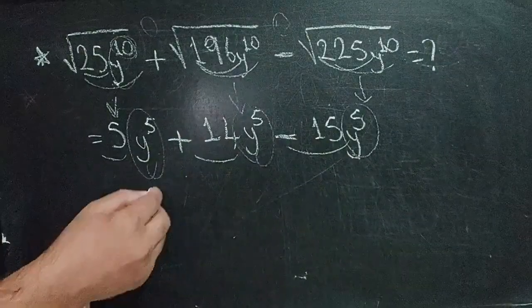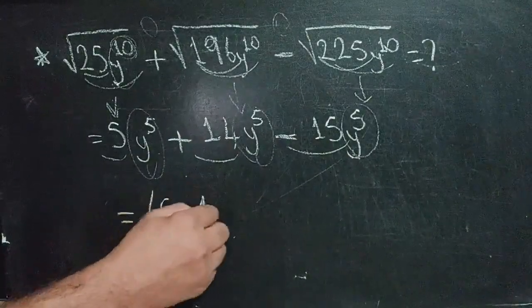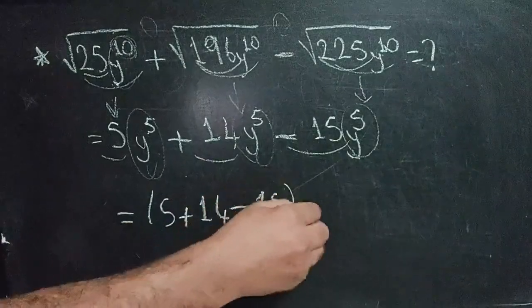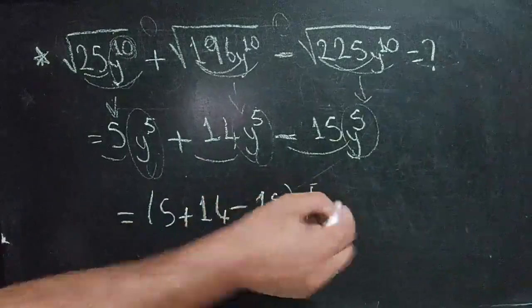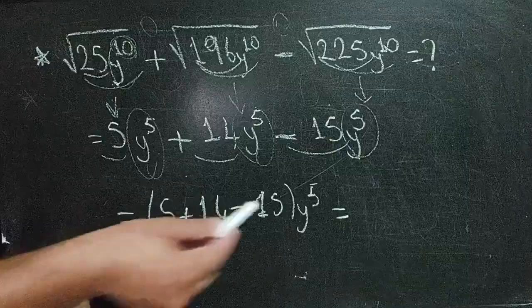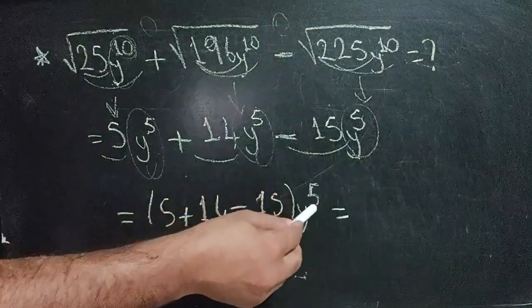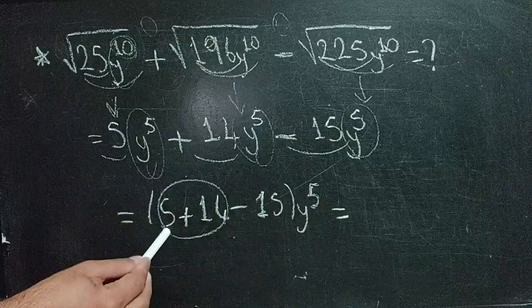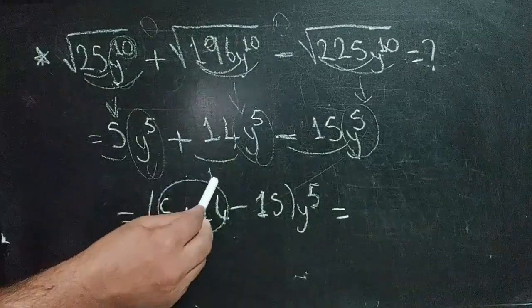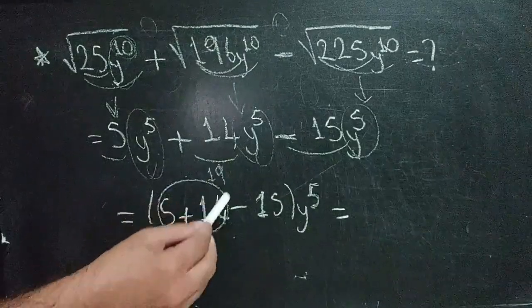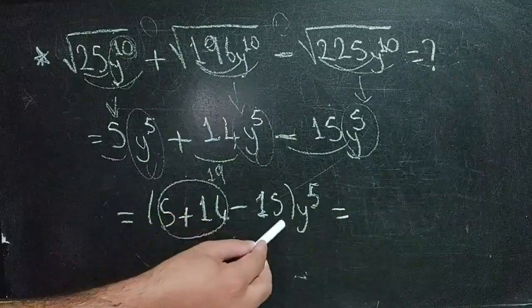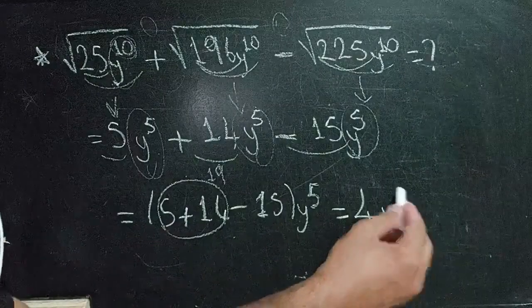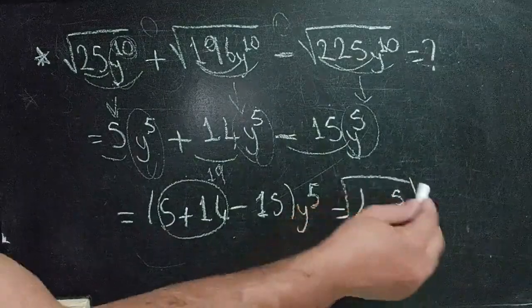That will be 5 plus 14 minus 15 y power 5. So now 5 plus 14 will be 19. 19 minus 15 will give you 4 y power 5.